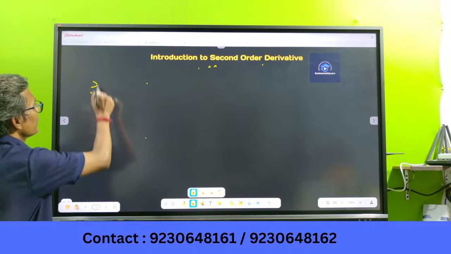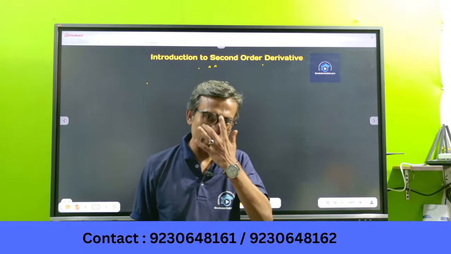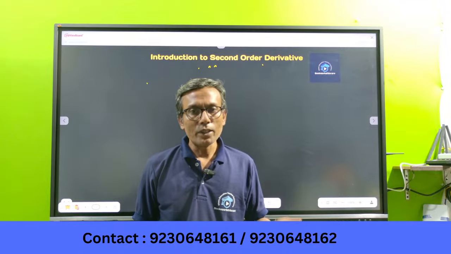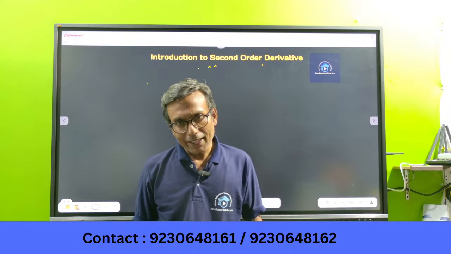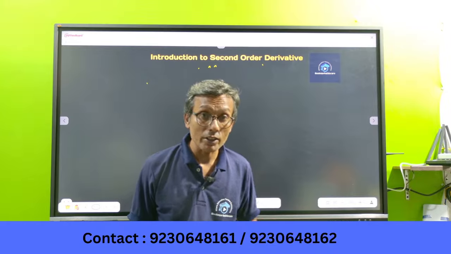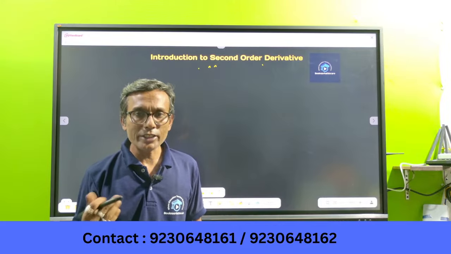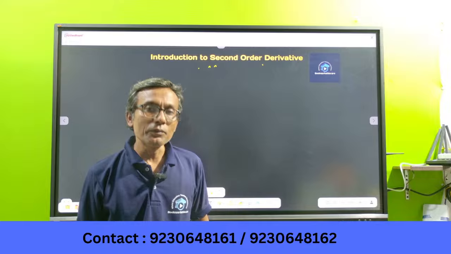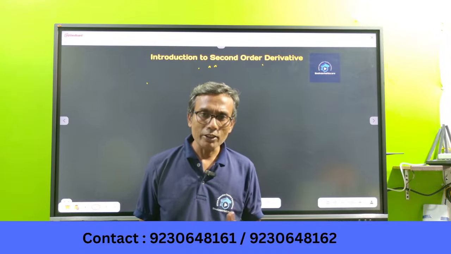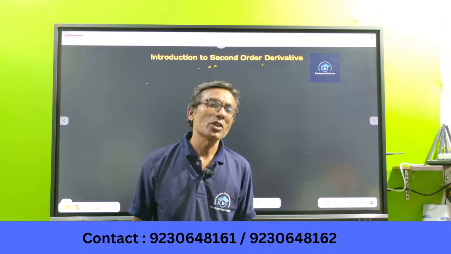The second order derivative provides information about the concavity of the function. What type of information does the second order derivative give us? It provides information about the function's concavity.